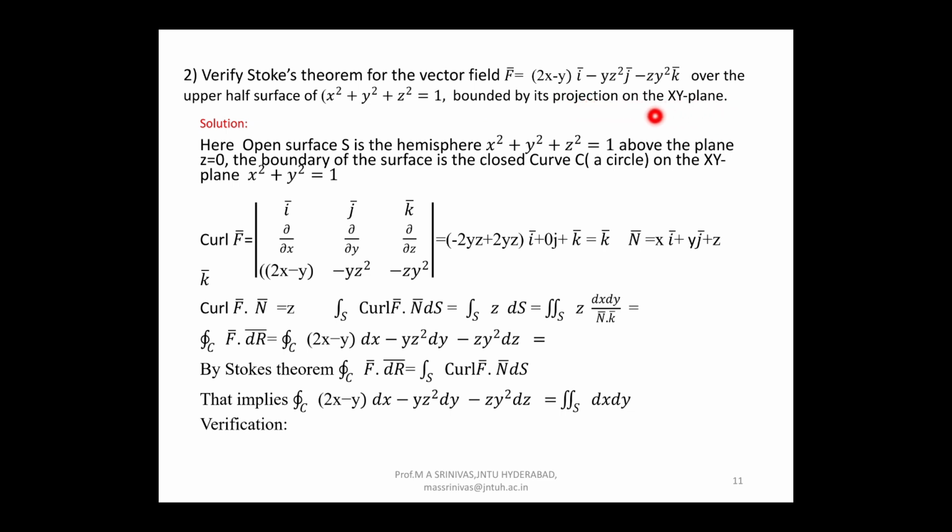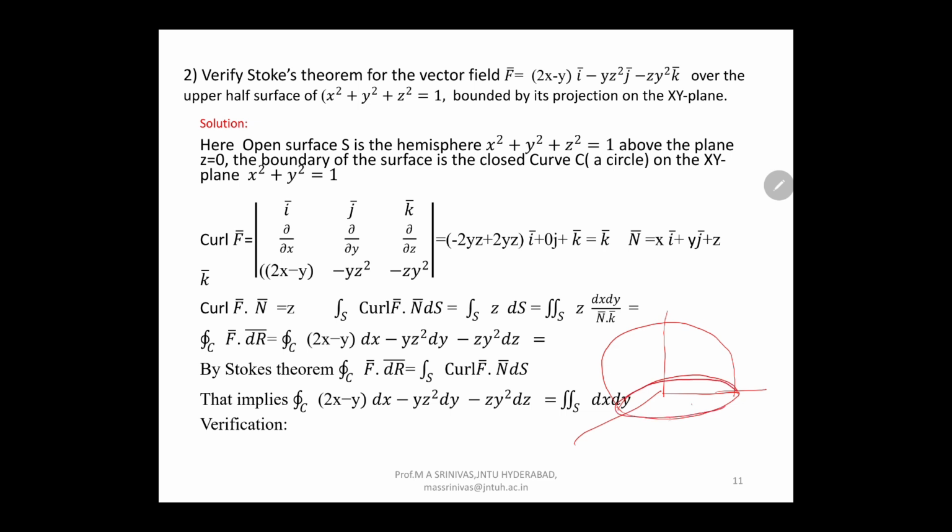What is the projection on the xy plane? It is a circle. That is the boundary. It is not the complete sphere, only the upper half of the sphere. So this is the x-axis, this is the y-axis, and you have a sphere like this, and this is the boundary.